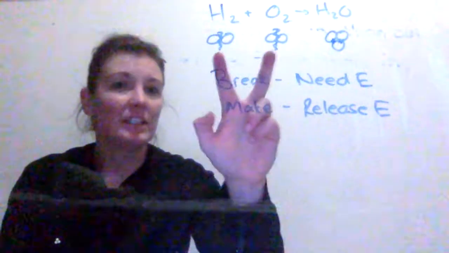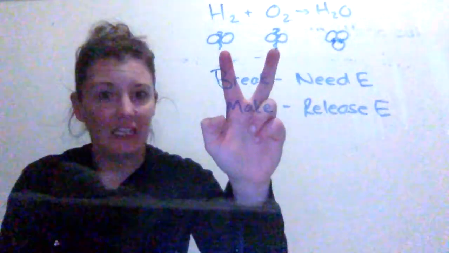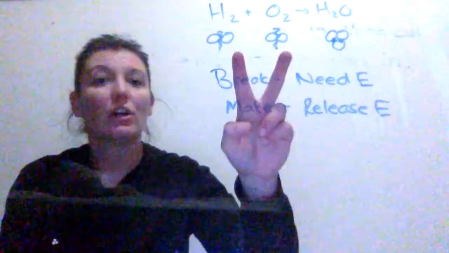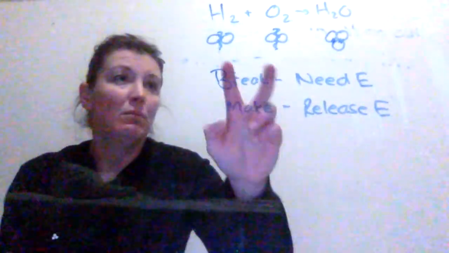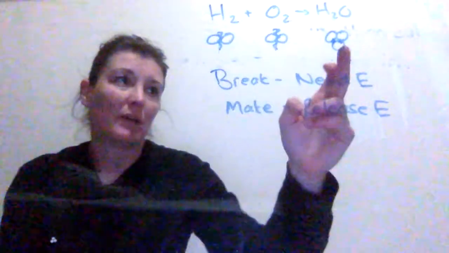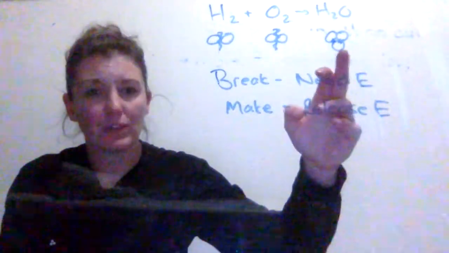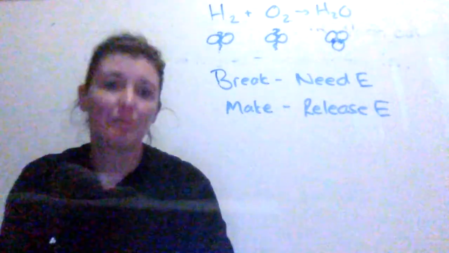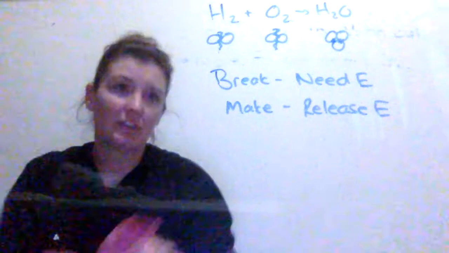If more energy is needed to break the bonds than is released, then we know it's an endothermic reaction. When it needs less energy but releases heaps of energy when the new bonds are made, then it's an exothermic reaction.